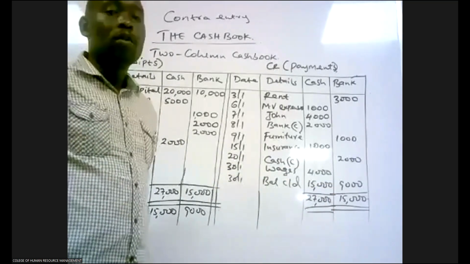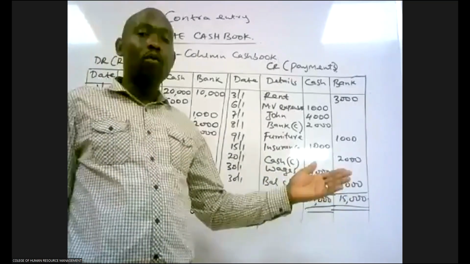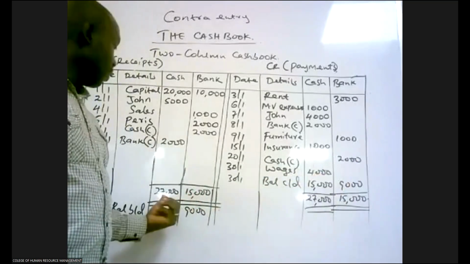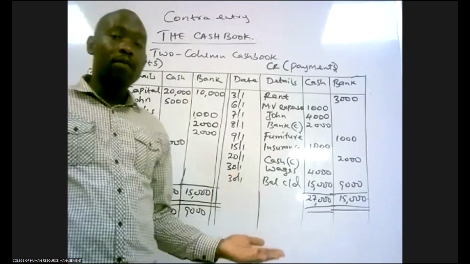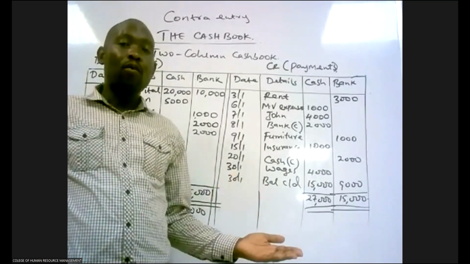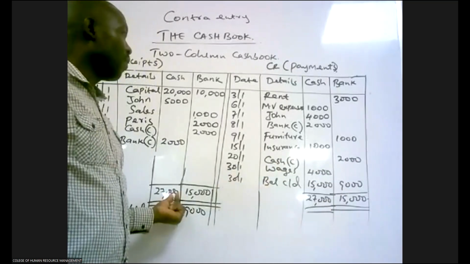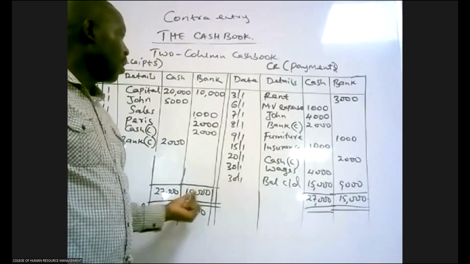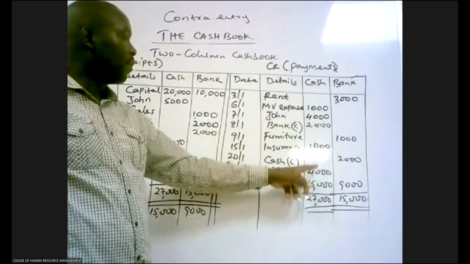Okay. You know, the 27 and 15 is what we received. This is the total receipts. But what we received was used to pay. Yes, we received the 27,000, Margaret, for cash, but that 27,000 has been used to pay all these cash payments.